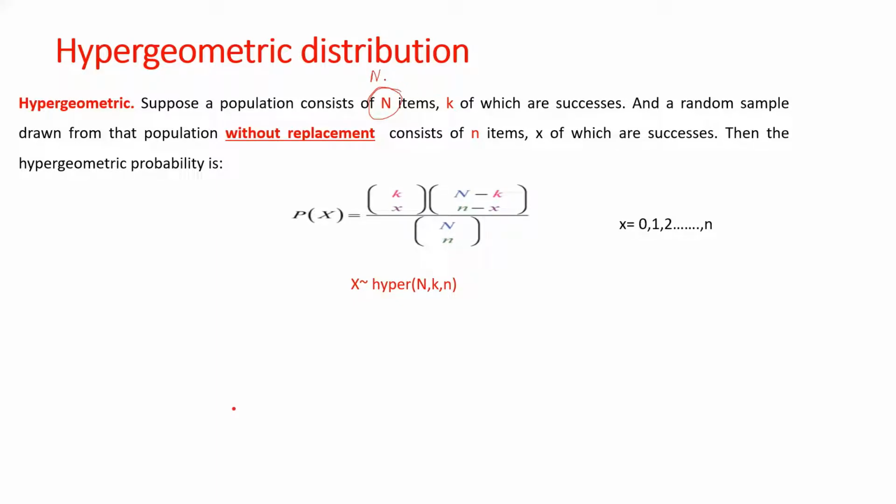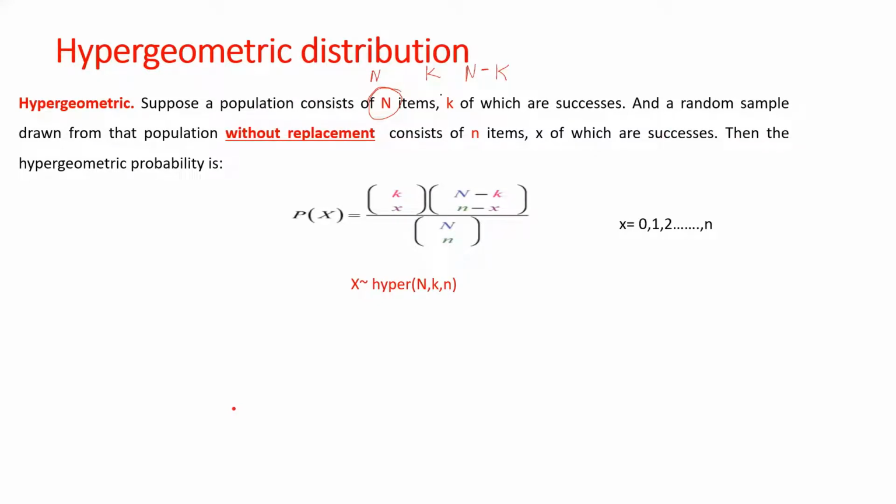So we have K successes out of N. So this N we can divide into 2 parts. K is the success, and N minus K is not success. So K success, N minus K not success out of N.